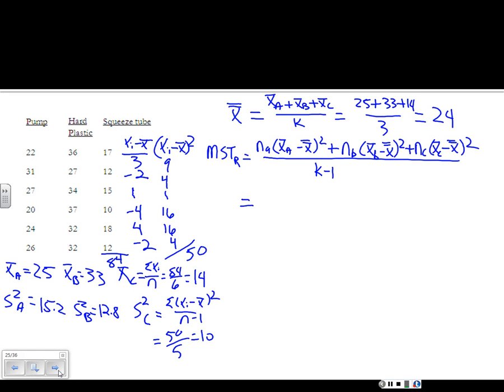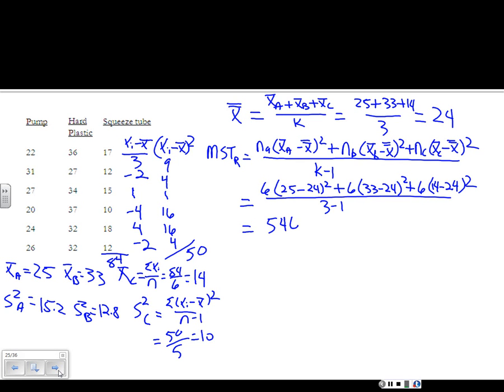And so we had 6 per group. 6 times 25 minus 24 squared plus 6 times 33 minus 24 squared plus 6 times 14 minus 24 squared, and all of that divided by 3 minus 1. And that's equal to 546.